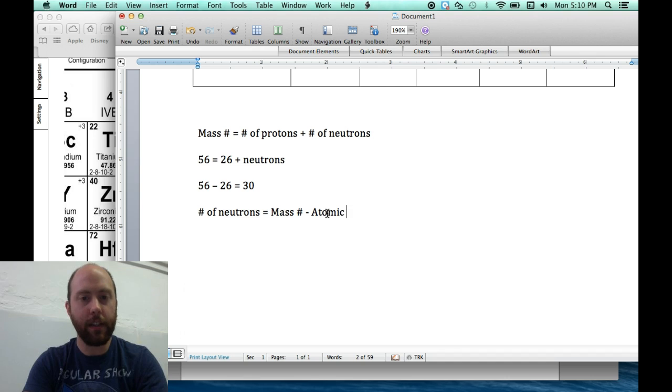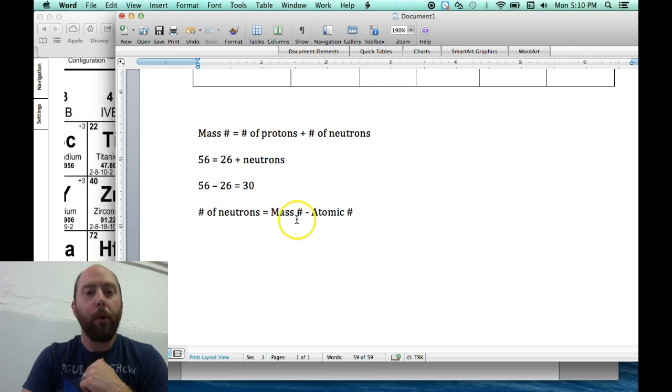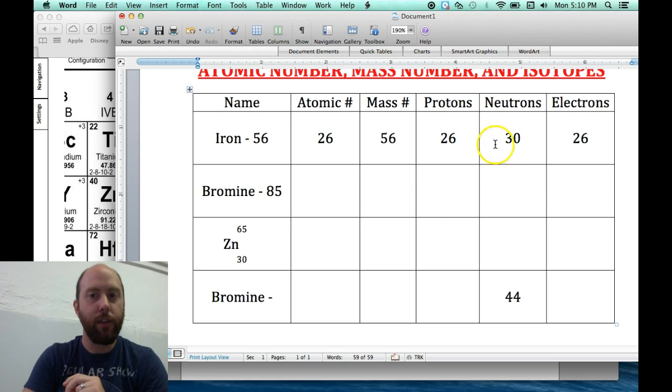It doesn't really matter. But the point is, the mass number minus the protons or mass number minus the atomic number will always give you the number of neutrons. So again, if you don't know neutrons, but you know mass number and you know the atomic number, you can easily find the neutrons. Okay, let's go to the next example.